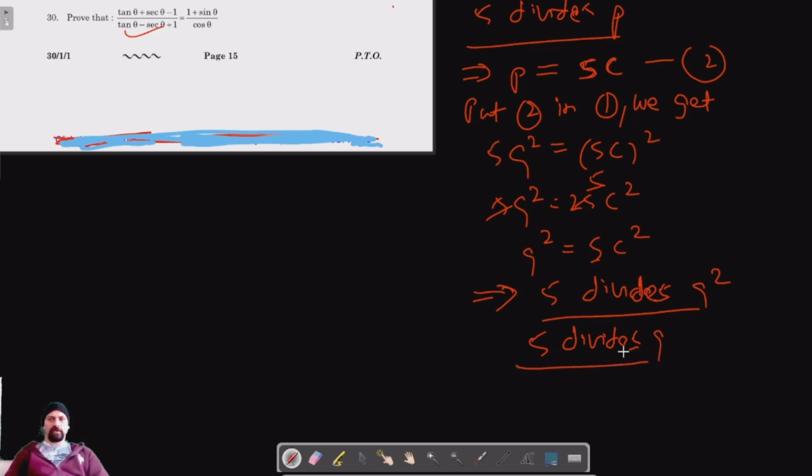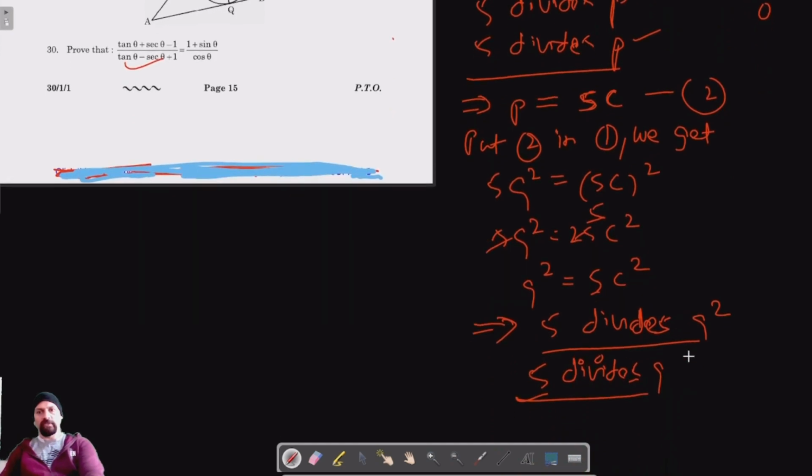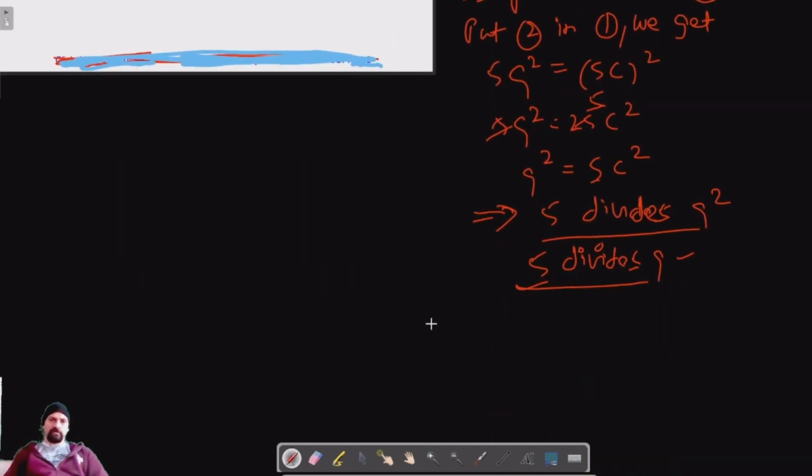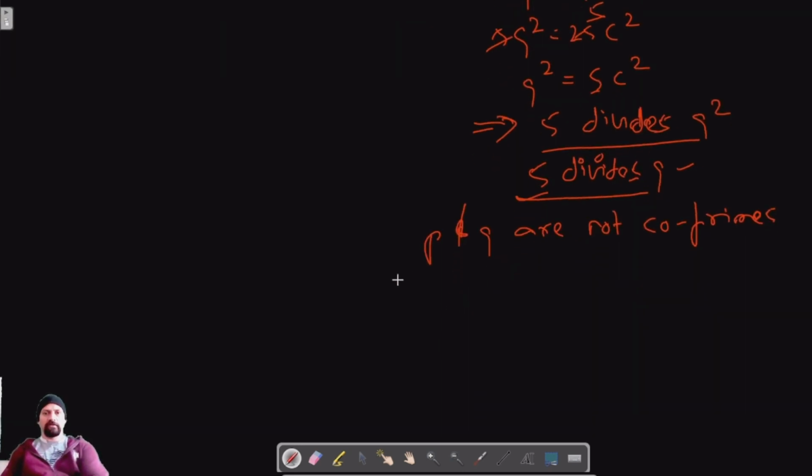So if 5 divides Q square, it means 5 divides Q. Now 5 is dividing both Q and P. So that means P and Q are not co-primes because 5 is also dividing them. But we have assumed in the beginning that P and Q are co-primes.